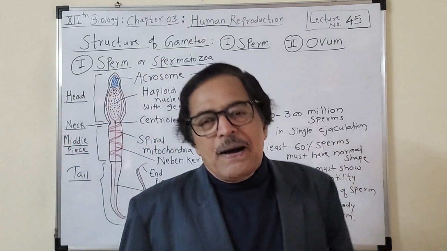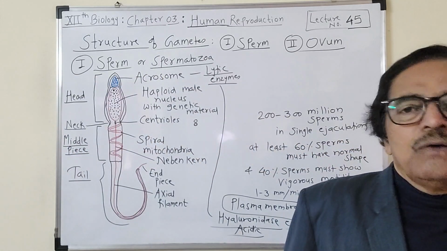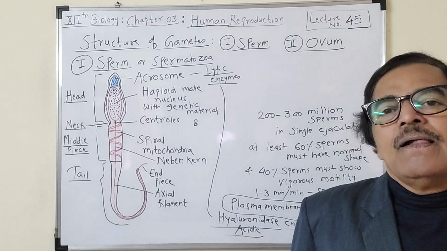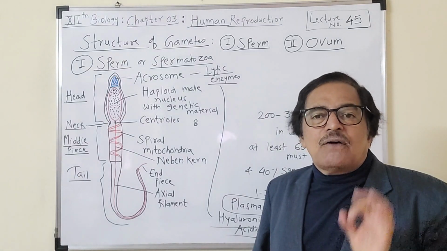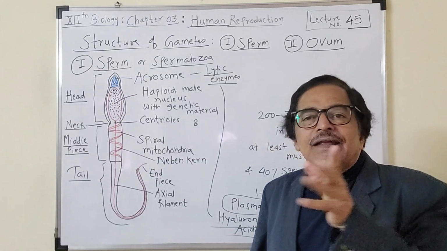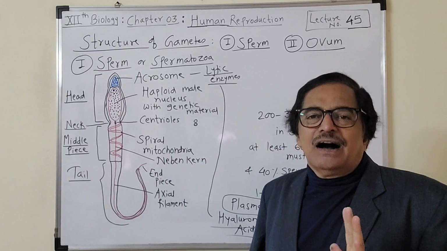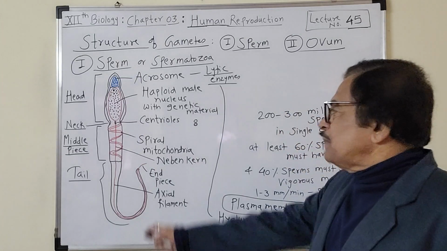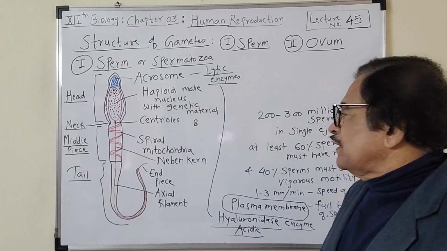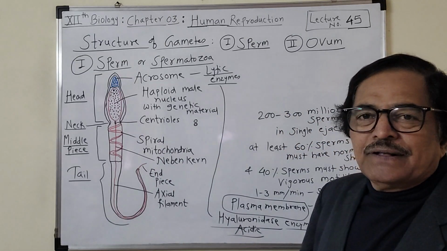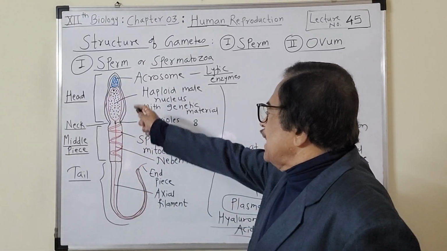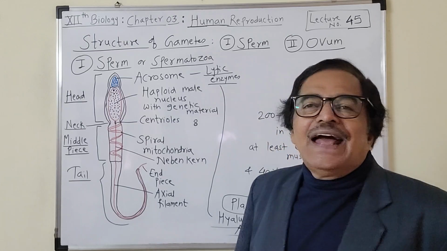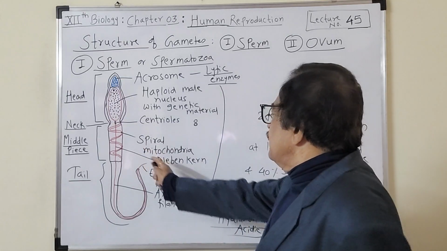A very important part of the sperm, without which the sperm will not get energy. Why? Because this middle piece contains a large number of spirally arranged mitochondria. They are arranged spirally around one axis, and that axis is known as what?